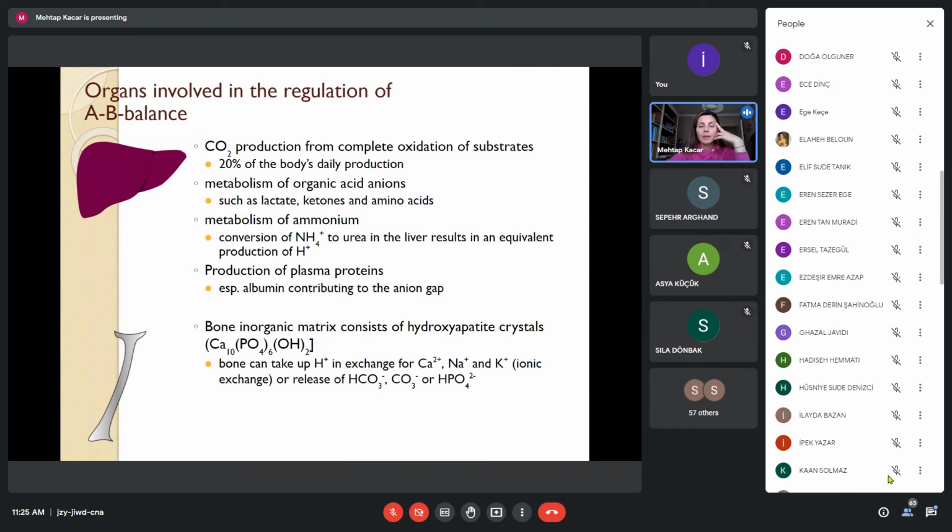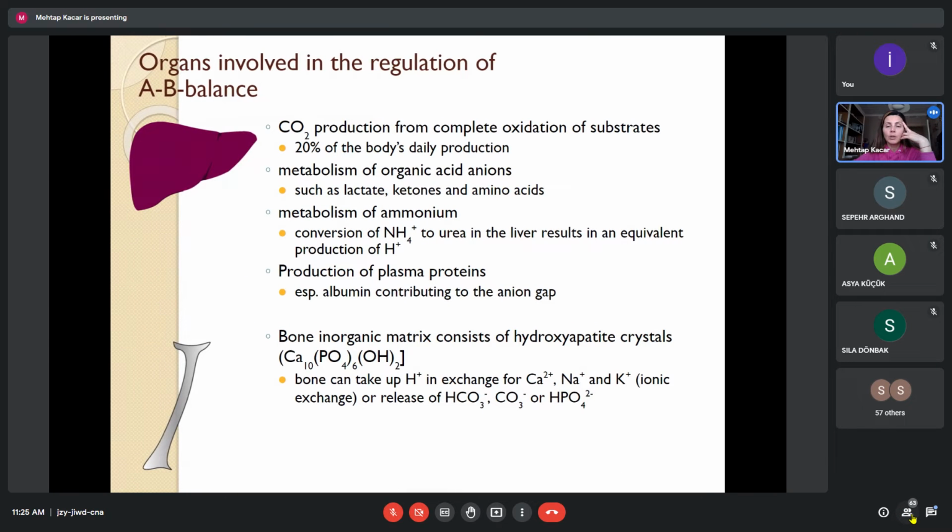Carbon dioxide production from complete oxidation of substrates, and 20% of the body's daily production is dependent on the oxidation reaction. On the other hand, metabolism of organic acids and ions such as lactate, ketones, and amino acids gives carbon dioxide. In metabolism of ammonium, conversion of ammonia to urea in the liver results in equivalent production of hydrogen ion.